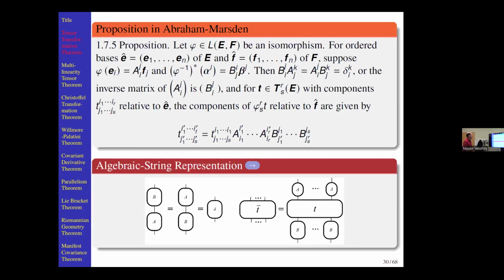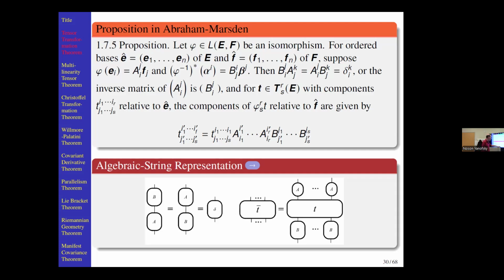Now this is in Abraham and Marsden's book, 1.7.5. This is the basic formula for transformation of coordinates using indices. And you can see there's a lot of notation here from the textbook. And I boil it down to this picture down here.